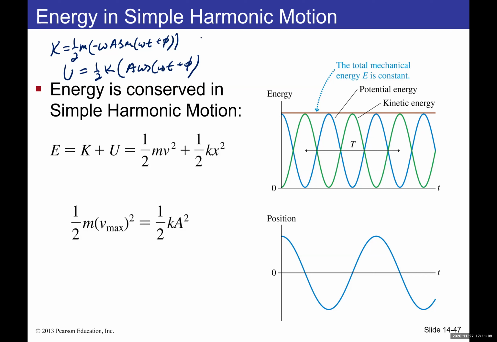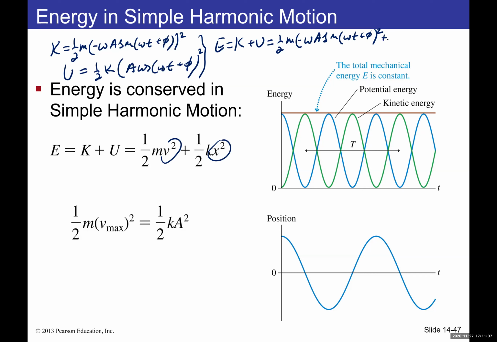But here's what we can do. Remember, energy is kinetic plus potential, which means I can write this as 1/2 m times negative omega A sine of omega t plus phi, squared. Because I am squaring, I forgot the squaring over here, sorry. Because it's v squared and x squared.